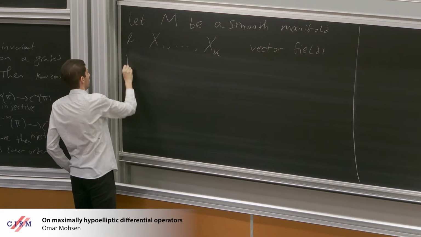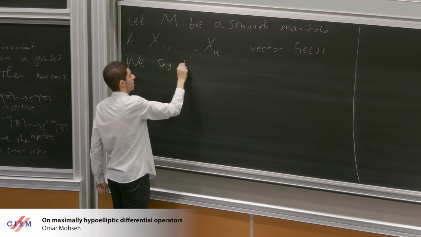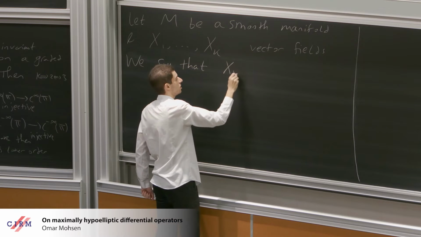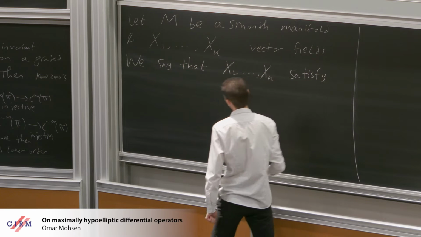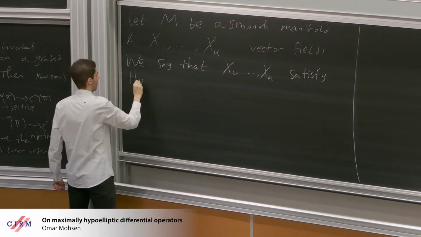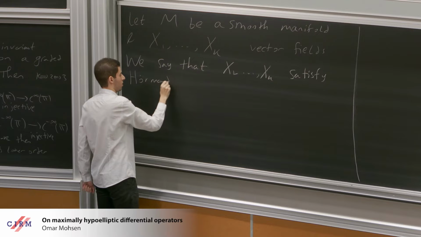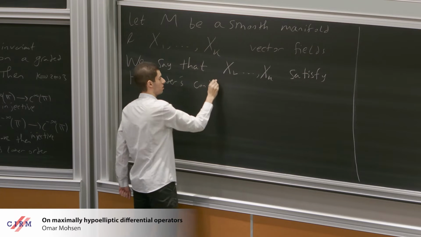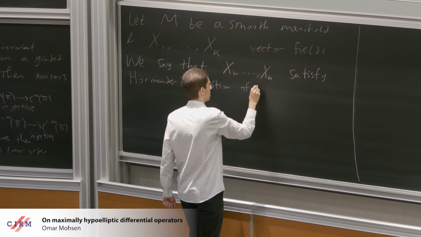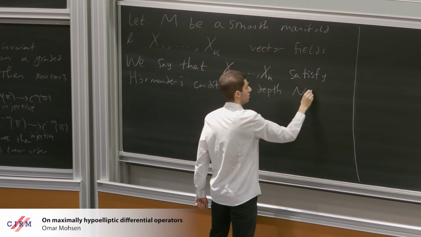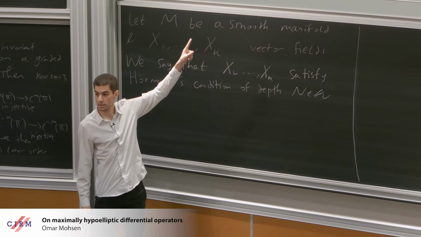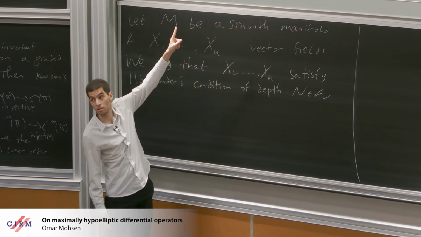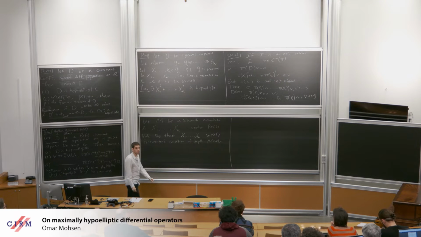We say that these vector fields satisfy Hormander's condition of depth n. N here plays an analogous role to the n in the Lie group. Okay, so some natural number.